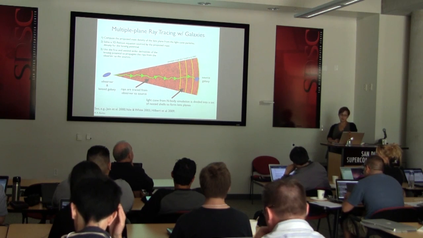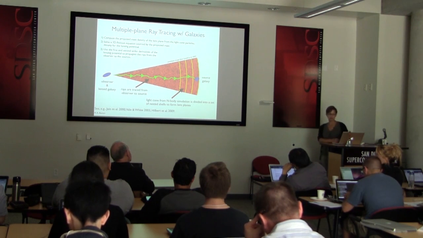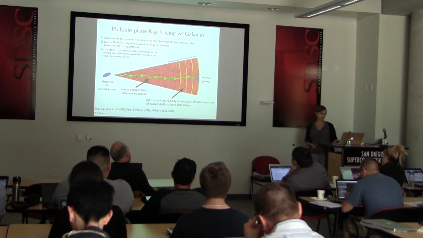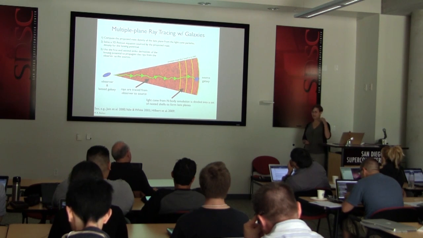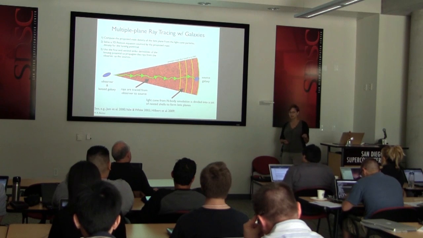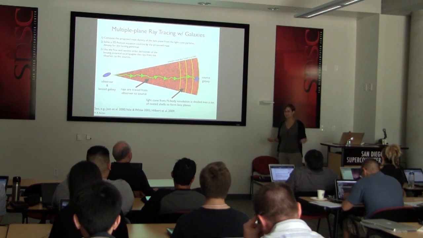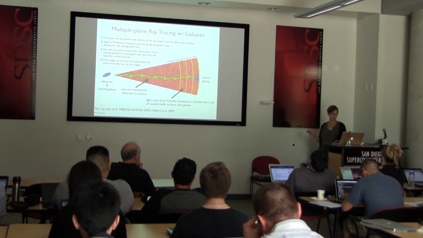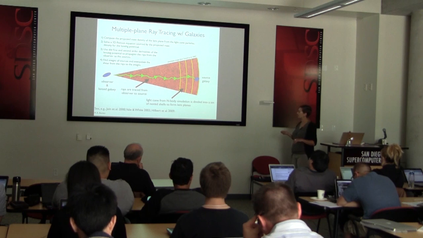Yeah, so that's an interesting question. There are two key points. One is the resolution of the lensing, and the other is the resolution of the simulation. So you don't want the lensing to be higher resolution than your simulation, because then you're just wasting computation. Here, we've been doing this with fairly low resolution.